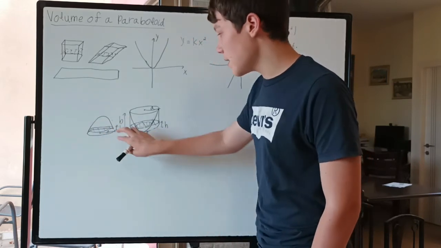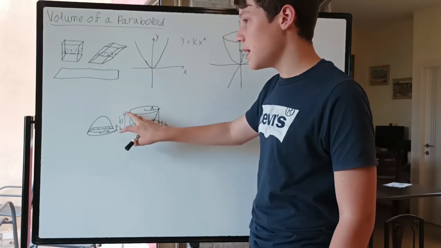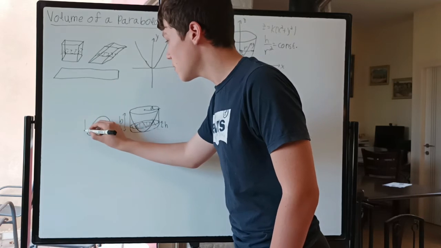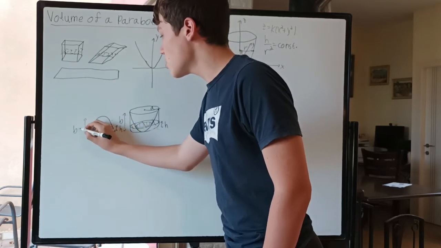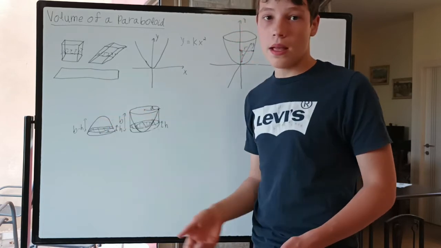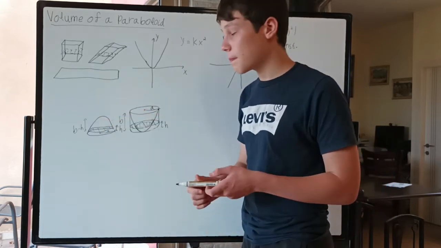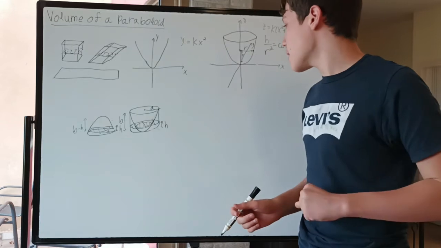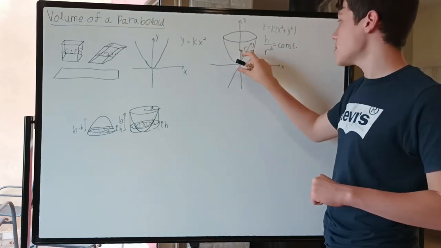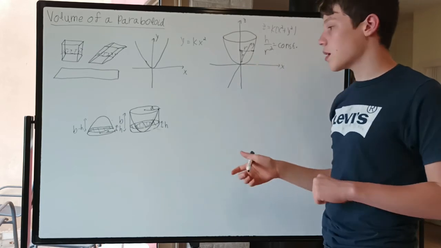So if we're at a height h and the entire height is b, that means that we're at a distance of b minus h from the maximum of the paraboloid, which means that we know from the paraboloid that height divided by the radius squared is a constant.